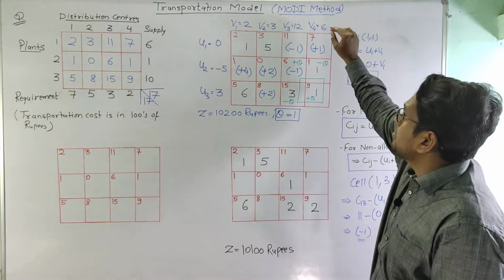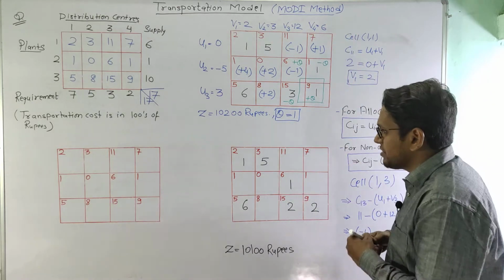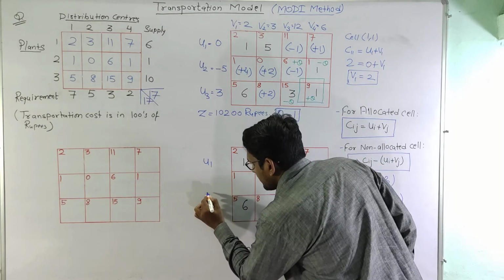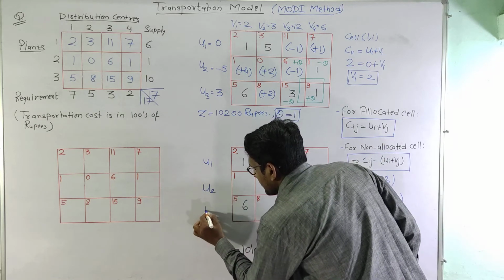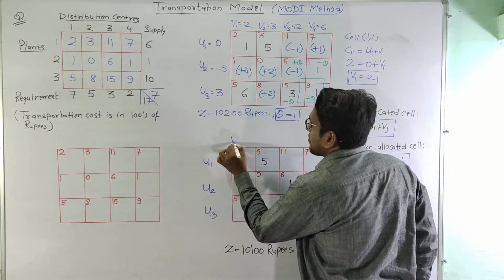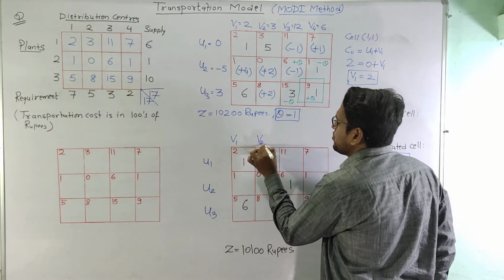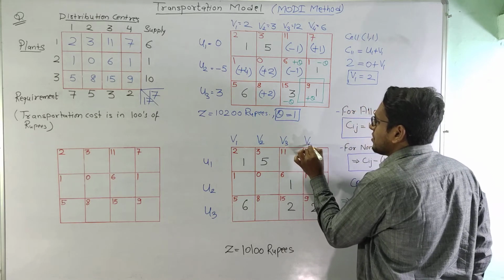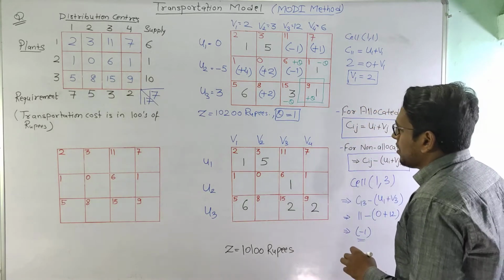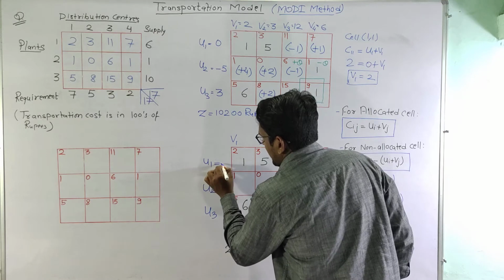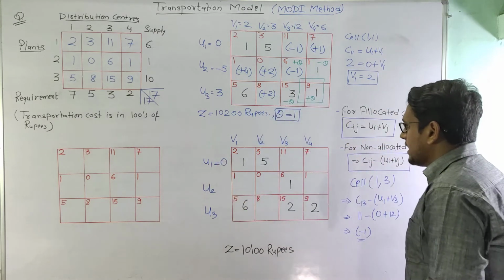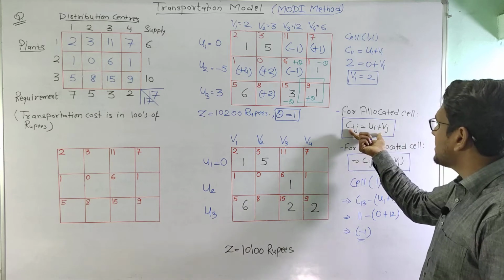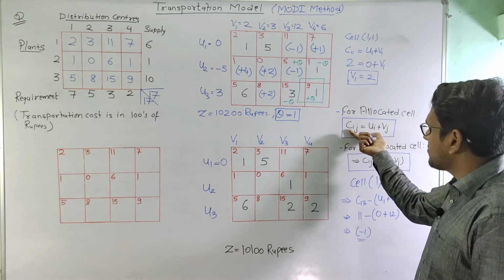Again we will use the same modified distribution method. That means again we will have certain sets of variables u1, u2, u3, v1, v2, v3 and v4. Now we will take any arbitrary value as 0, and for an allocated cell we will take Cij is equal to ui plus vj.